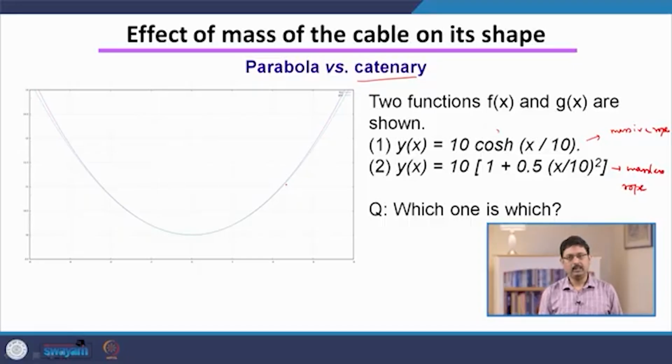So, for distances more than, let us say, 4 units of length, you will start to see that the shapes are not exactly the same, but close to the origin you can assume that it is approximately a parabola. This is the reason that for a long time it was not recognized that the shape of a massive rope is in fact different from the shape of a massless rope.